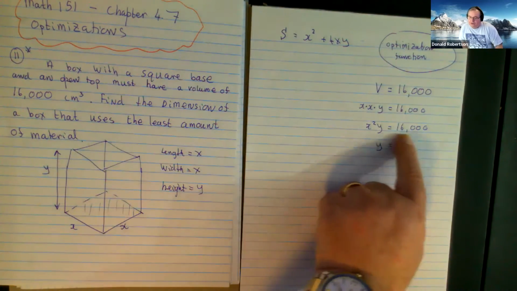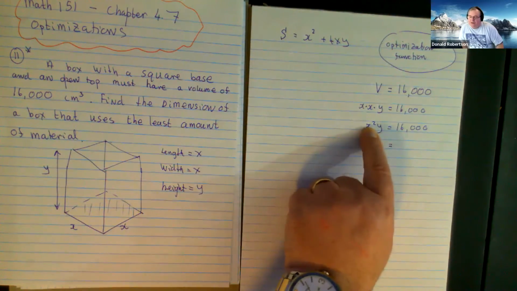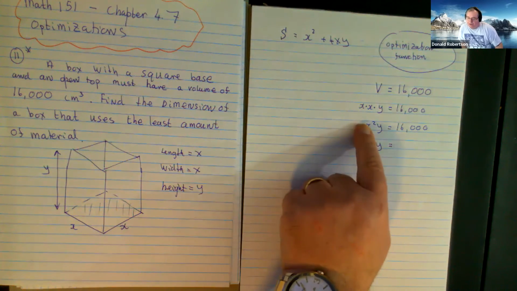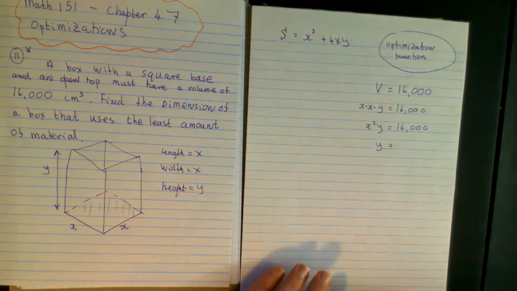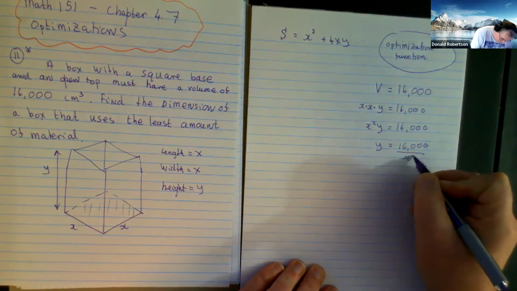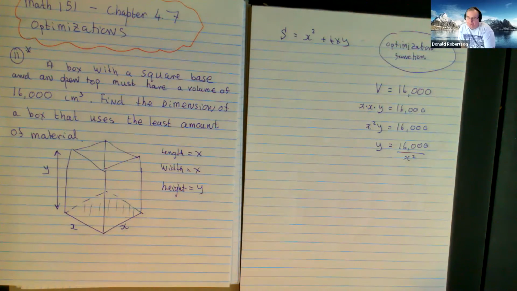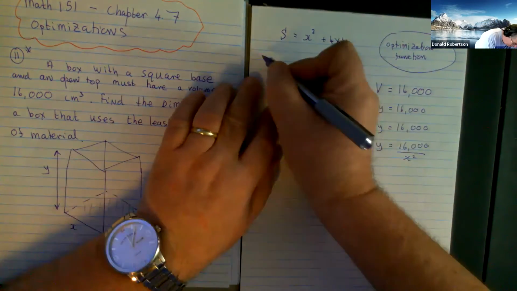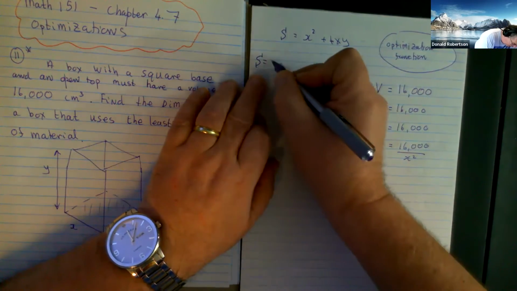If you use this relationship, this expression here, what would I do to find Y then? How would I get from here to here? Divide both sides by X squared. Okay. Are you comfortable with what happened there? Now, this function can now be written with just X's.